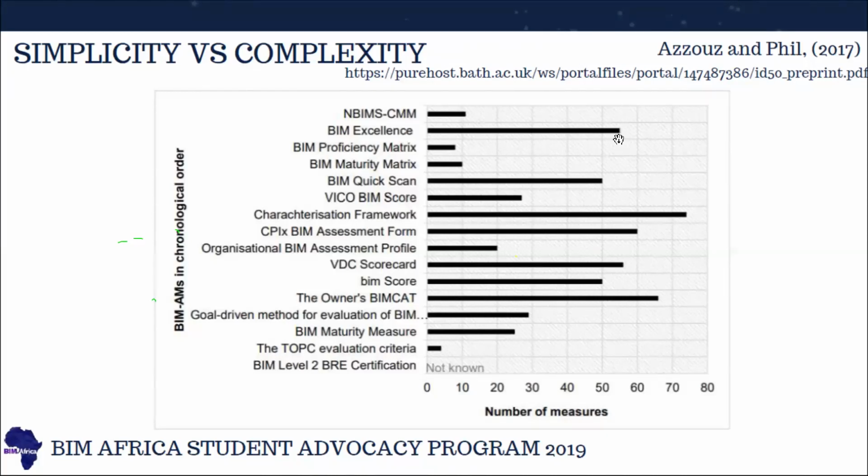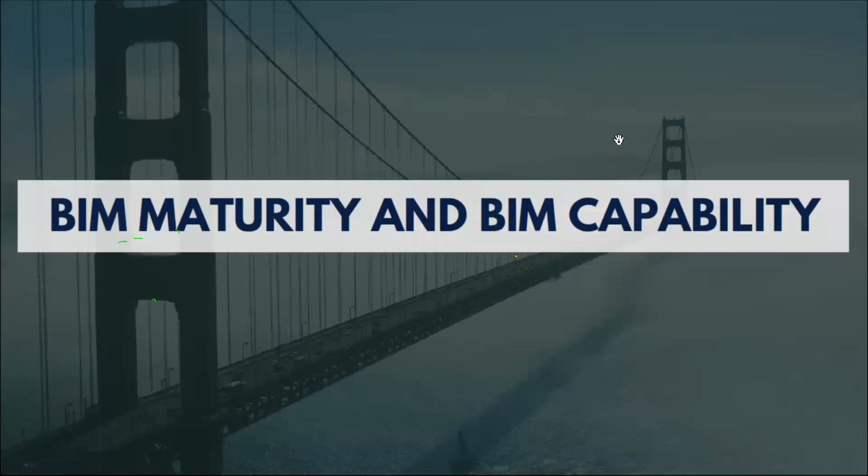Now we've seen a high level of items, so we'll begin to simmer down into some details. There's BIM maturity and then there's BIM capability. As previously discussed about individual and organization, BIM competency is what someone can actually do.